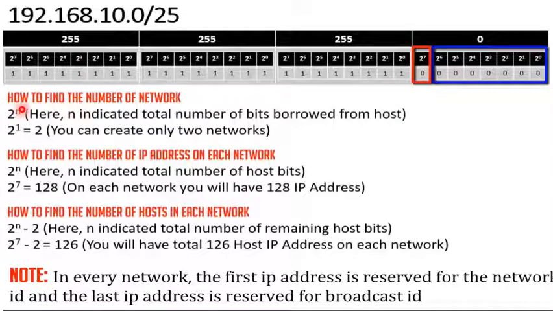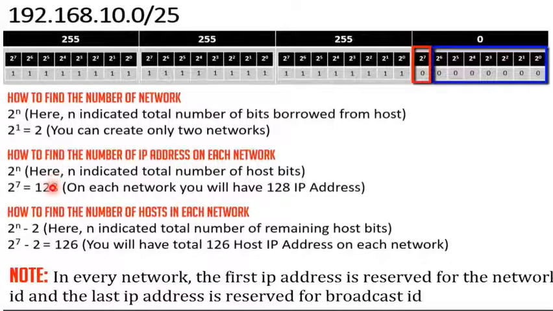So the n value is 1. According to this formula, 2 power 1 equals 2. Therefore, you can create only two networks, network 1 and network 2. So this is the way to find the number of networks.